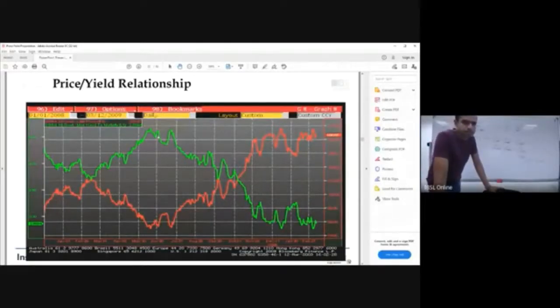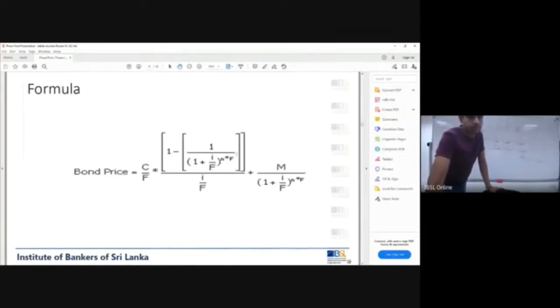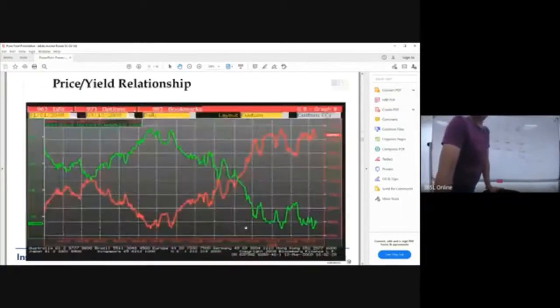The green indicates yield and red indicates the price. So if you go back to the price and yield, you will see that the higher the yield, the lower the bond price, and the lower the yield, the higher the bond price. Okay, so that's why it is the negative or inverse relationship.